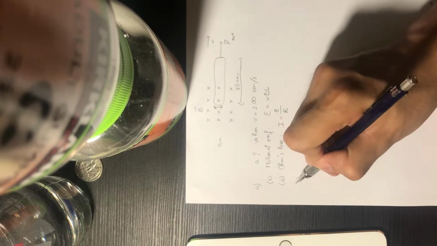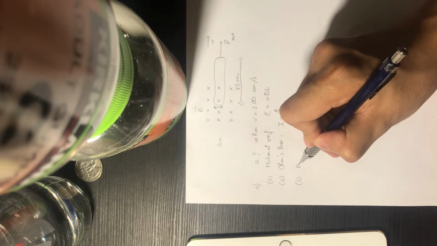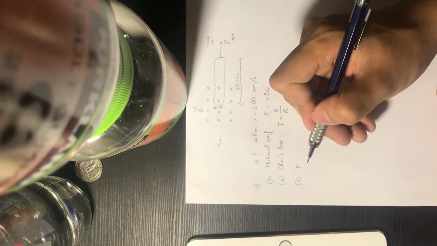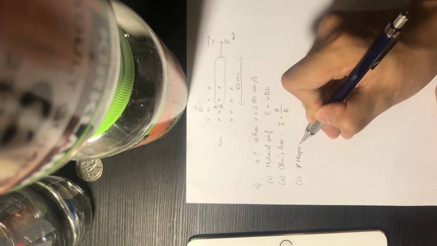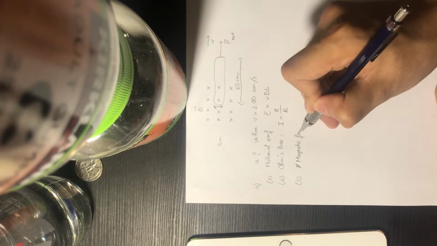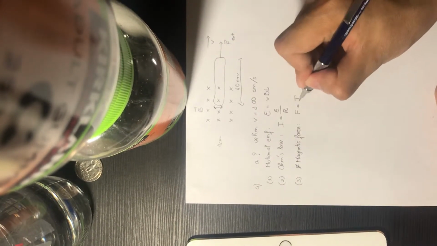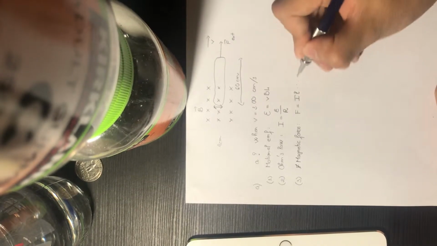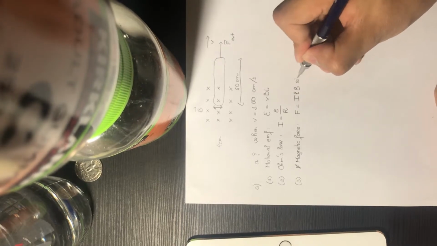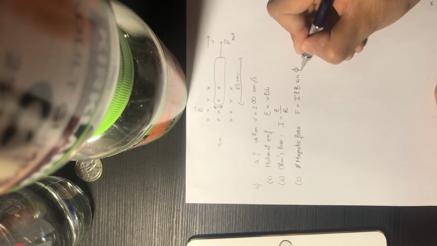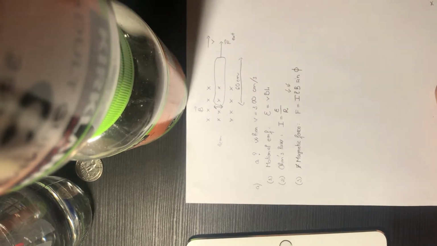And the third one is the magnetic force: the current, the length of the loop, the magnetic field, and the sine of the angle between the magnetic field and the length.